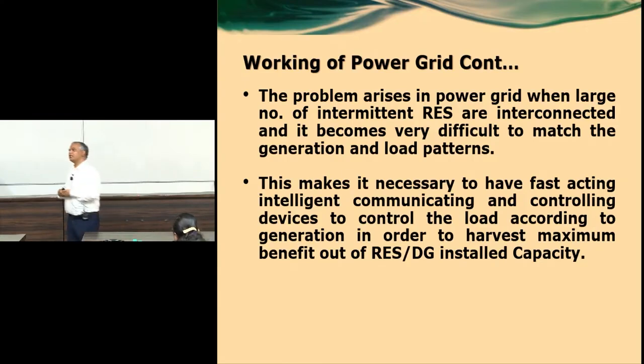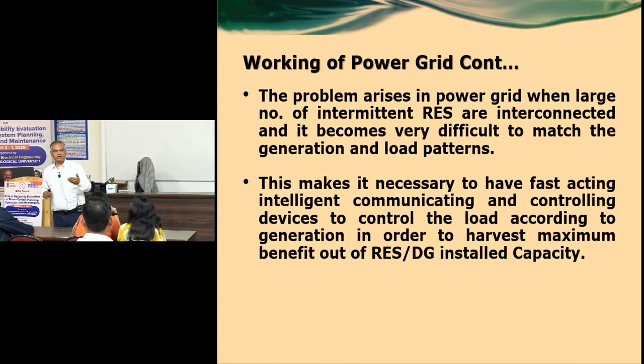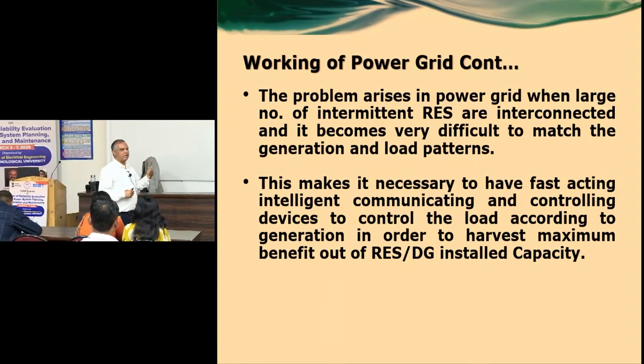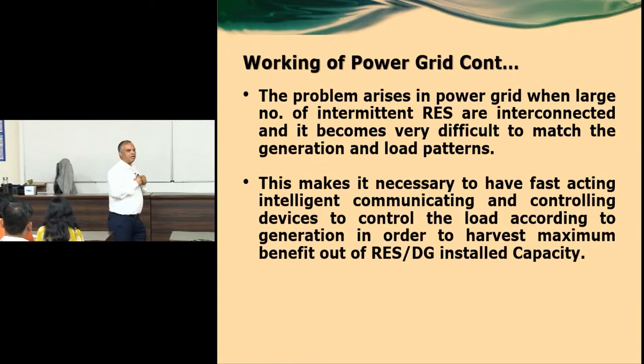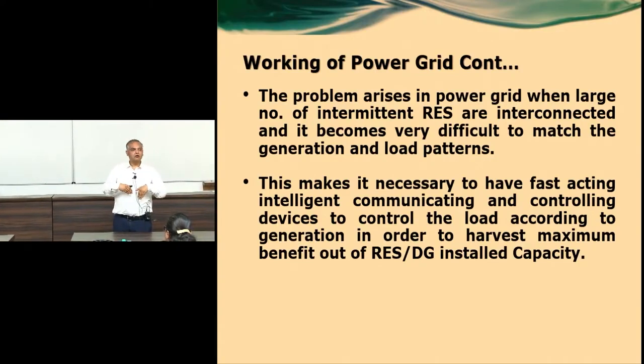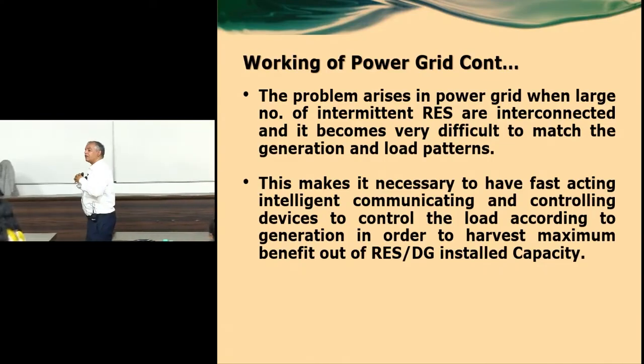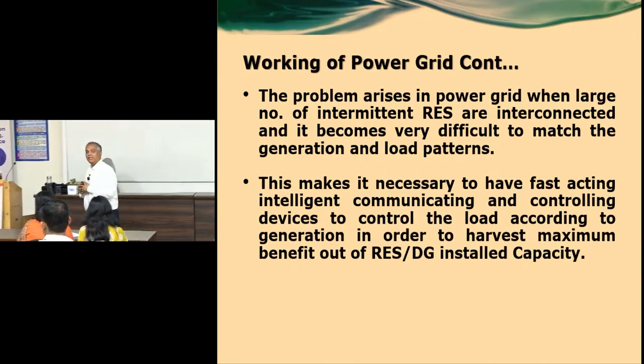Under those conditions, most renewable power developers, or RESCO, renewable energy source companies, were supposed to cut themselves off from the system. So that had a more destabilizing impact on the grid. Already it was in trouble, and further you are disconnecting yourself. So instead of supporting the grid, you are again destabilizing it.